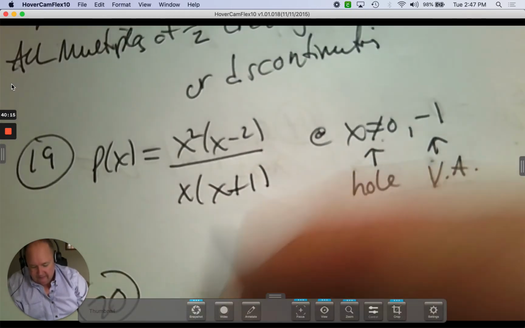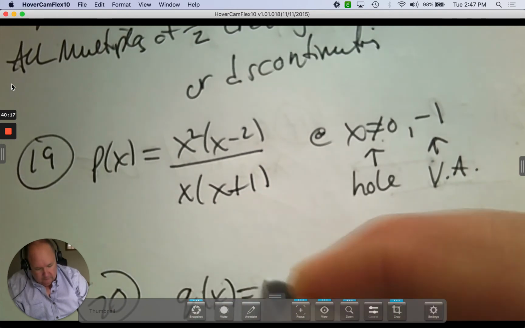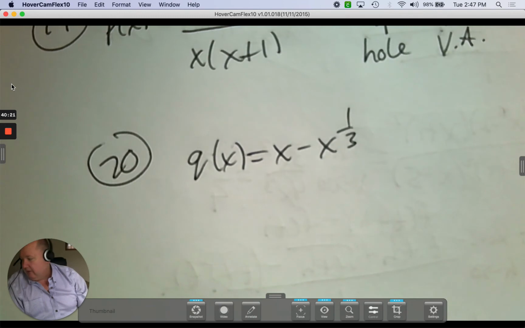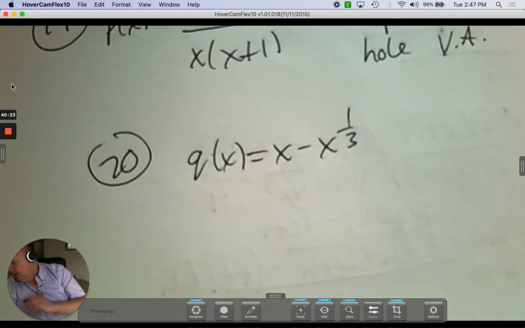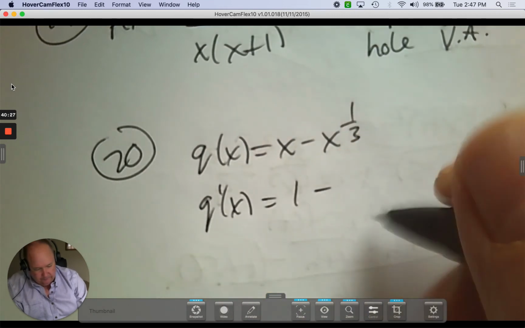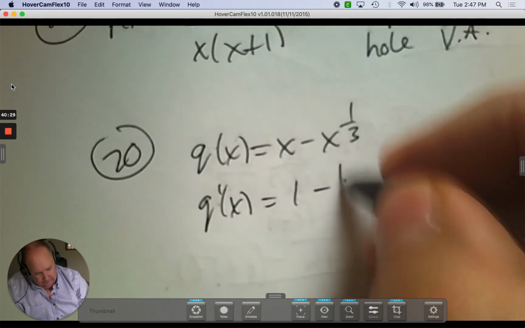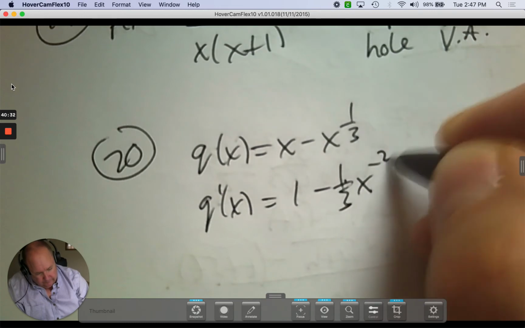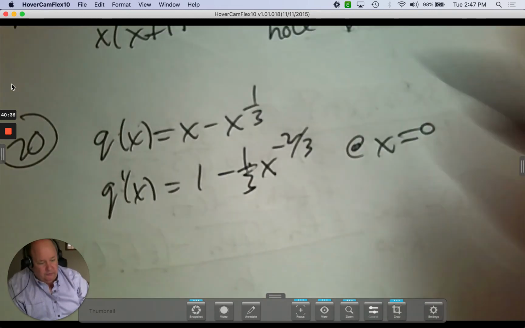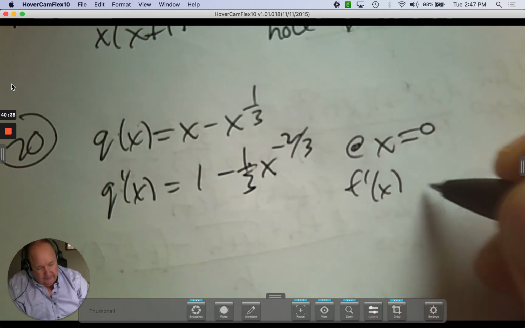Number 20. So x subtract x cubed. For this one, it's probably easiest just to take the derivative and see it. And you can see at x equals 0, the derivative is undefined.